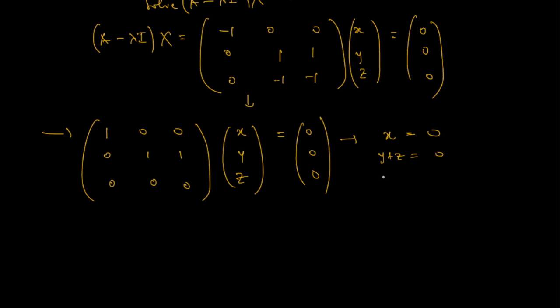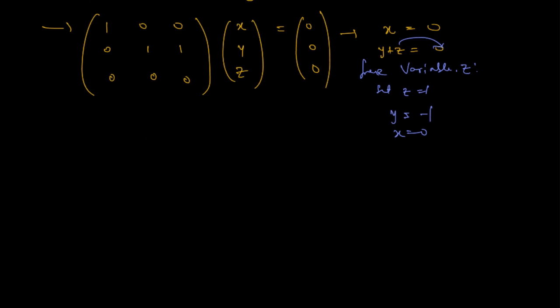The free variable here is z. Since the free variable is z, we're going to set z to be 1. So when z is 1, we have y equal to negative 1, and our x is already 0.